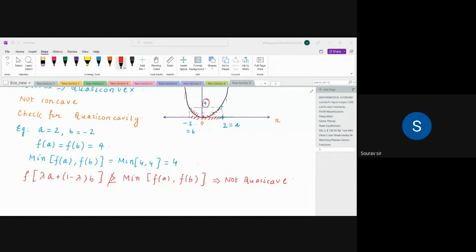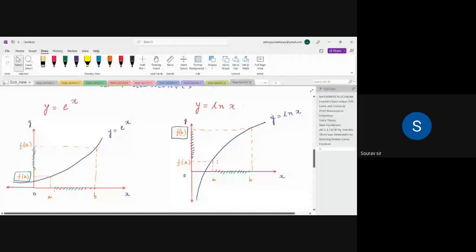Sir, do we have any geometrical interpretation or intuition of quasi-convex and quasi-concave, like we have for concave and convex, that is, the straight line joining two points will be above or below? Similar thing for concave. Like over here, let's say I take this log graph. We are checking for quasi-convexity, right?